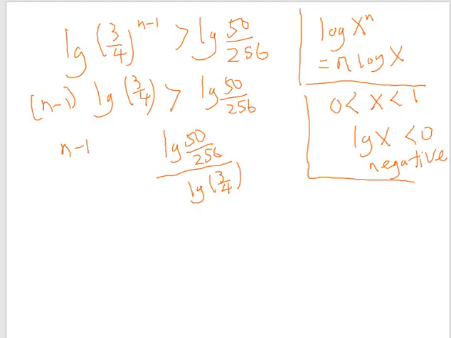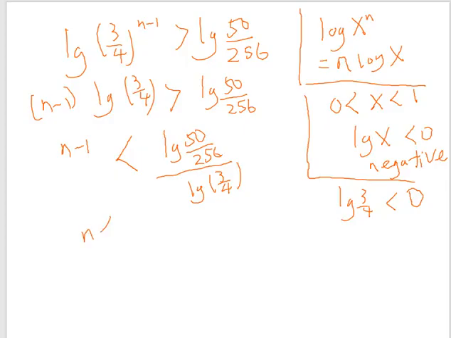So if you divide by a negative number, right? You know in inequality you have to reverse the sign. So here should be less than. Okay. So you take note. It's less than because you divide by log of 3/4, and 3/4 is a number less than 1. So log of 3/4 is a negative number. So if you divide by a negative number, you must reverse the inequality sign.